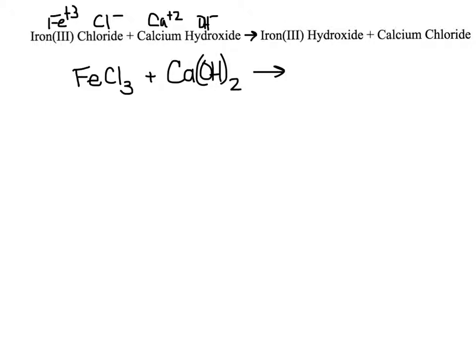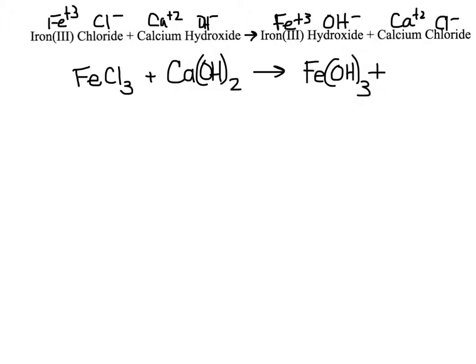Forms iron 3 hydroxide. That's iron with a +3. Hydroxide has a -1. So now we have Fe(OH)3 plus calcium chloride. Calcium +2. Chlorine has a -1. So this is going to be CaCl2. All right. So now that we've got our equation written out, we're going to balance.